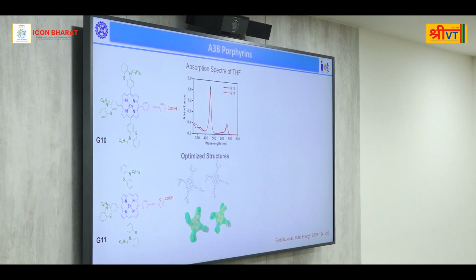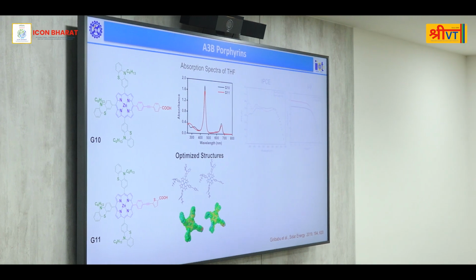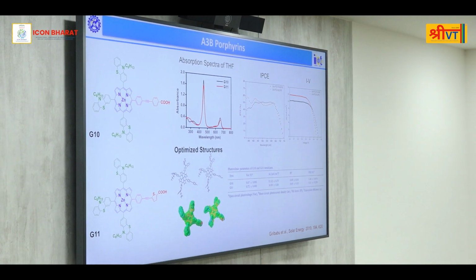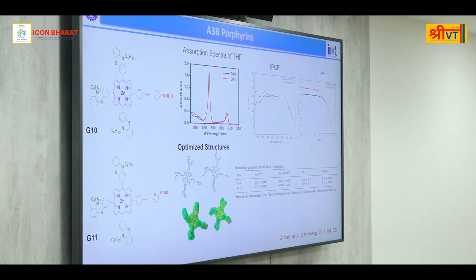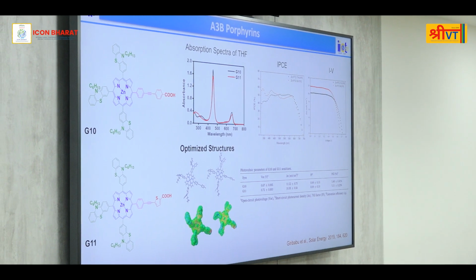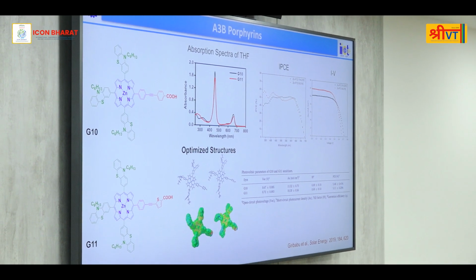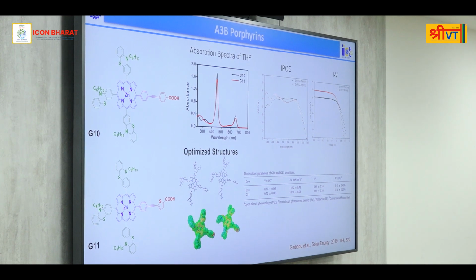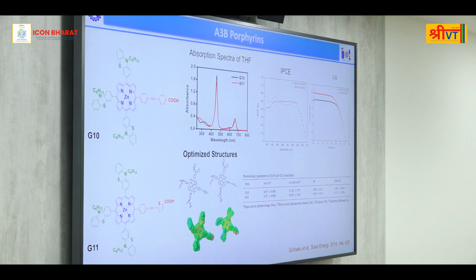Okay, then the absorption is slightly pushed towards the red region, and we got about 40 to 50% IPCE, and the efficiency is about 5%. Yes, somewhat better than the previous one, which was below 1%. And now we have to redesign these kinds of molecules again. This is not for academic research. This is okay, we can publish it.